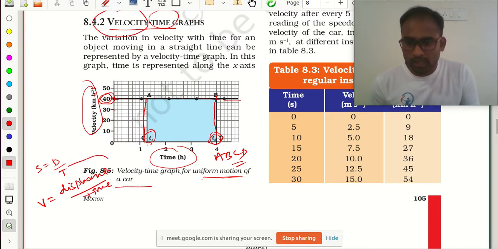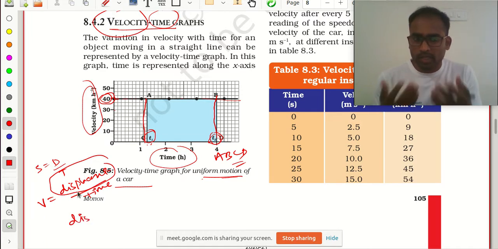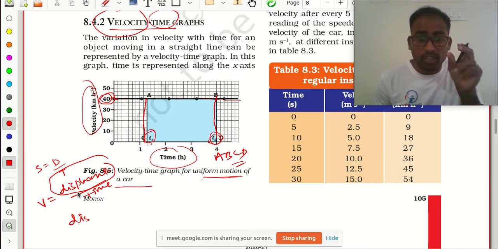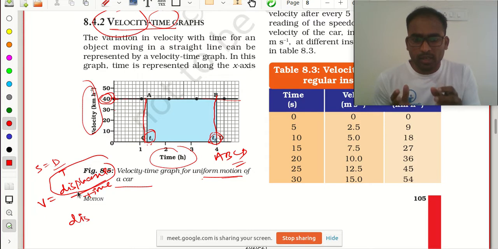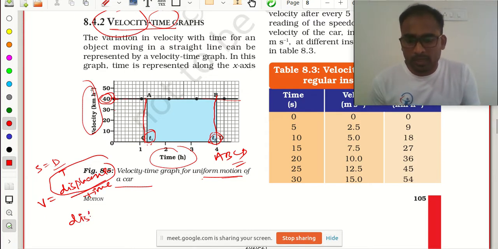When talking about velocity, it has a displacement. Now here I am considering only the magnitude. That is why instead of displacement I can say distance also. Distance covered is equal to speed or velocity into time.